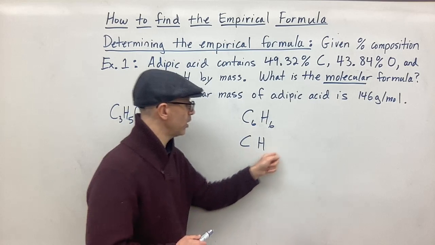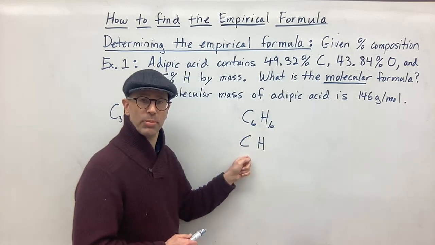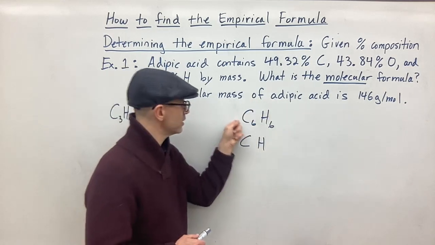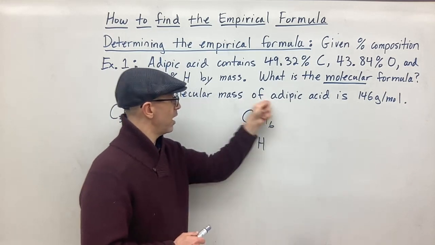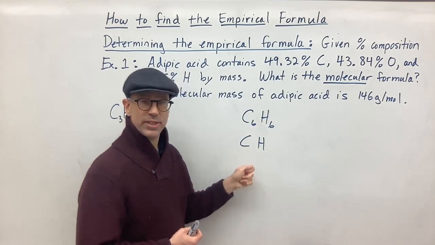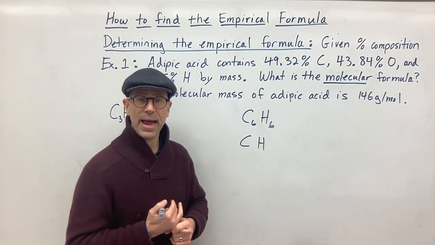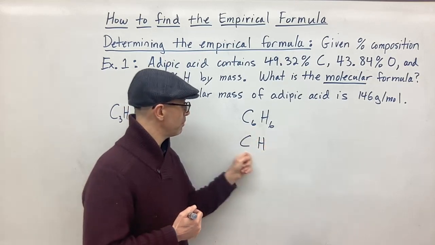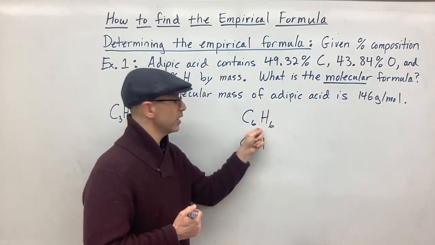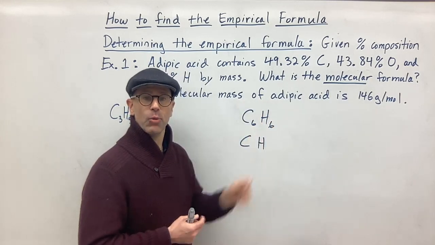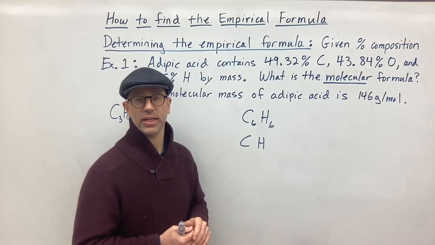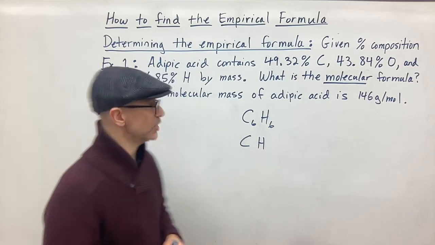So the mass of the empirical formula compared to the mass of the actual formula is going to differ by a factor of 6. So if we know the mass of our empirical formula and we know the molar mass of the actual formula, we can find the factor that we need by dividing.